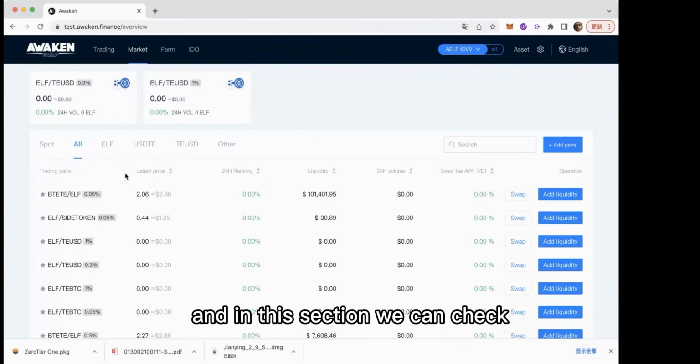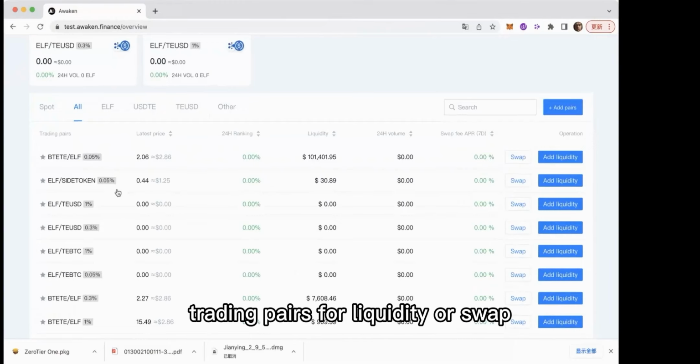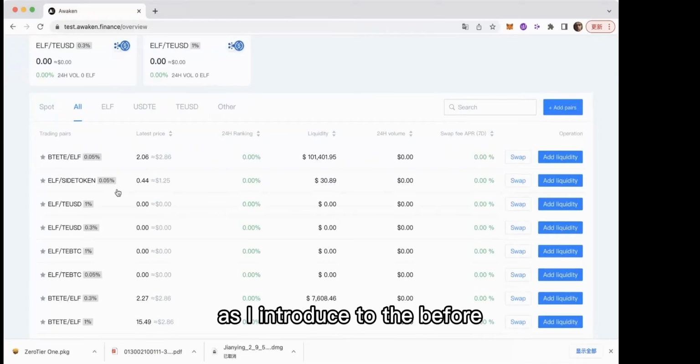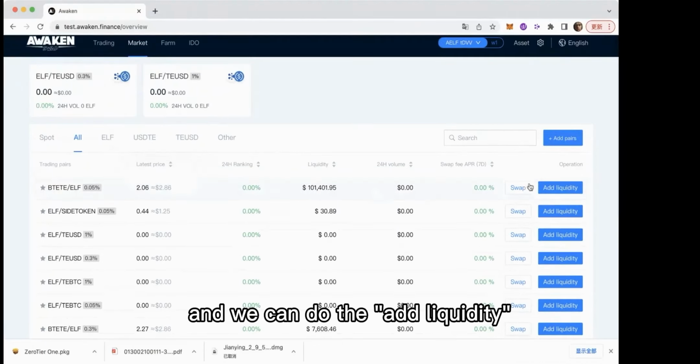In this section, we can check the exact price of trading pairs, and we can add trading pairs for liquidity or swap, as I introduced before. You can see the price, pair names, and we can add liquidity.